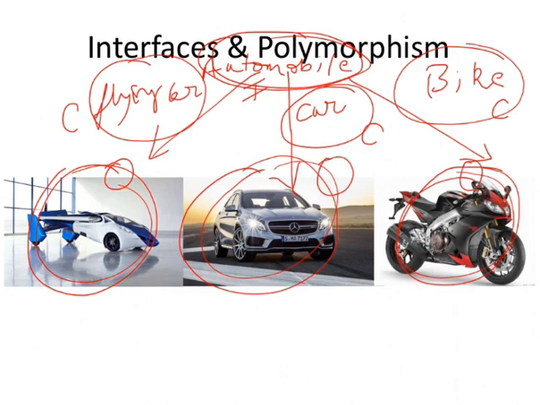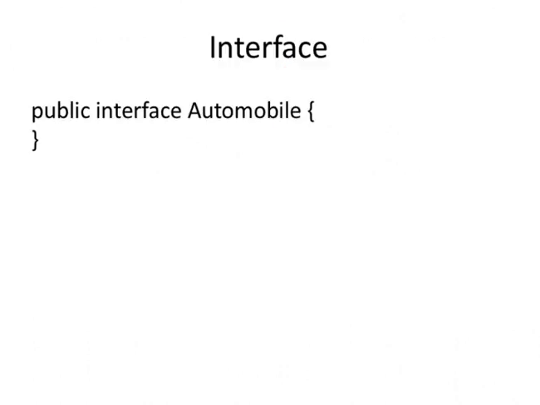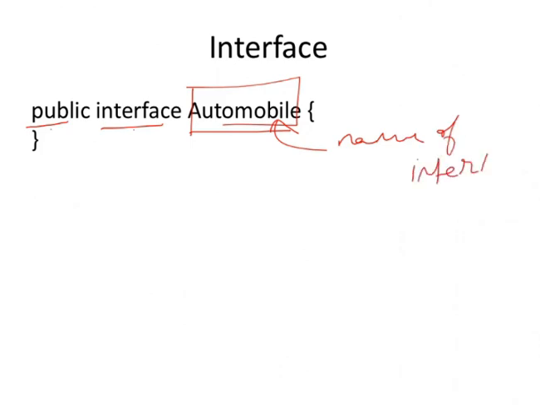Let's look deeper into that. So as we discussed, this is an interface definition in Java. Public interface automobile. Automobile is the name of our interface.